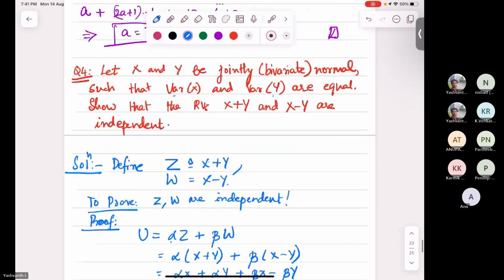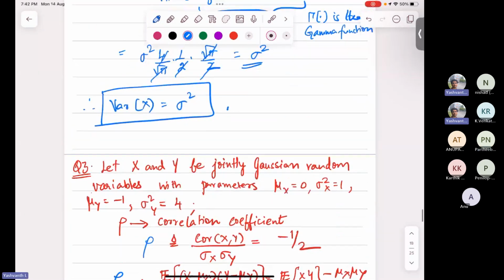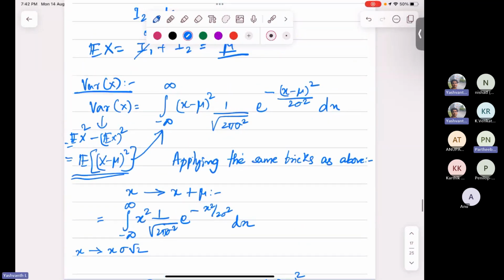So here, if you go back, I wrote here that is a property. Variance of x is nothing but expectation of x square minus expectation of x the whole square. That is the same as expectation of x minus mu the whole square. But what is mu? Expectation of x only.